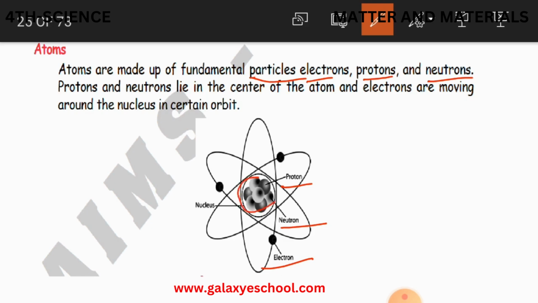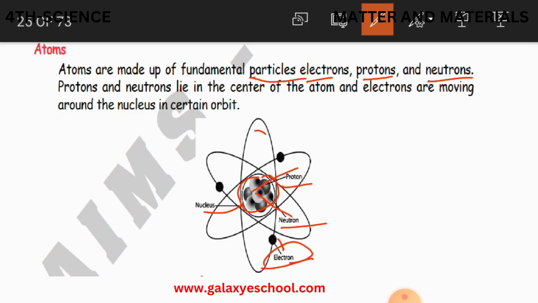So this is nothing but the nucleus. Protons and neutrons, these two are in the center, and the electrons move around the nucleus in an orbit.